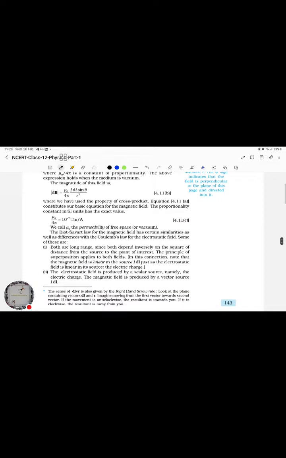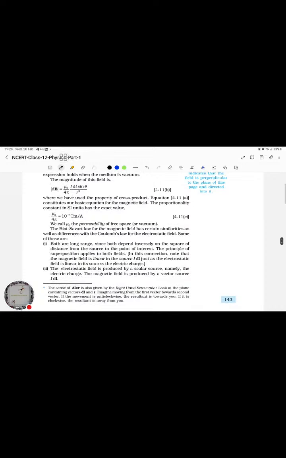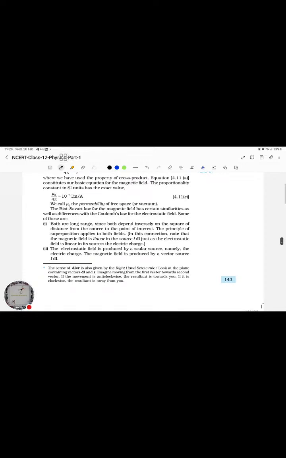From the magnitude we are able to derive the vector expression, I dl vector cross r vector by r cube. Equation 4.11a constitutes our basic equation for the magnetic field. The proportionality constant mu naught by 4 pi is 10 power minus 7 Tesla meter per ampere, where mu naught is called the permeability of vacuum or free space.